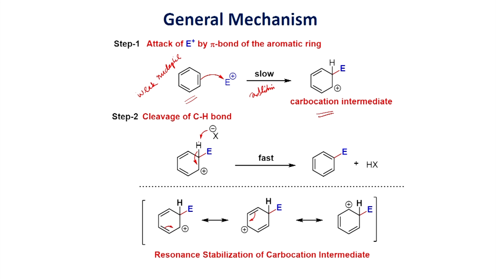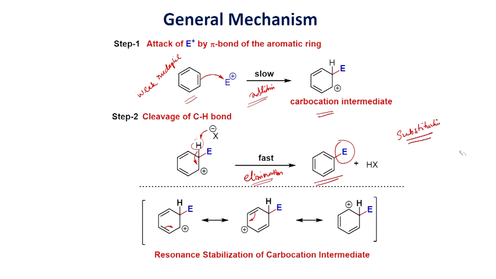The base removes this proton, and this is a fast elimination reaction. What you do here is introduce the electrophile E in the place of this hydrogen. The first step involves addition, and the second step involves elimination by cleavage of the carbon-hydrogen bond. So overall, this is a substitution reaction.